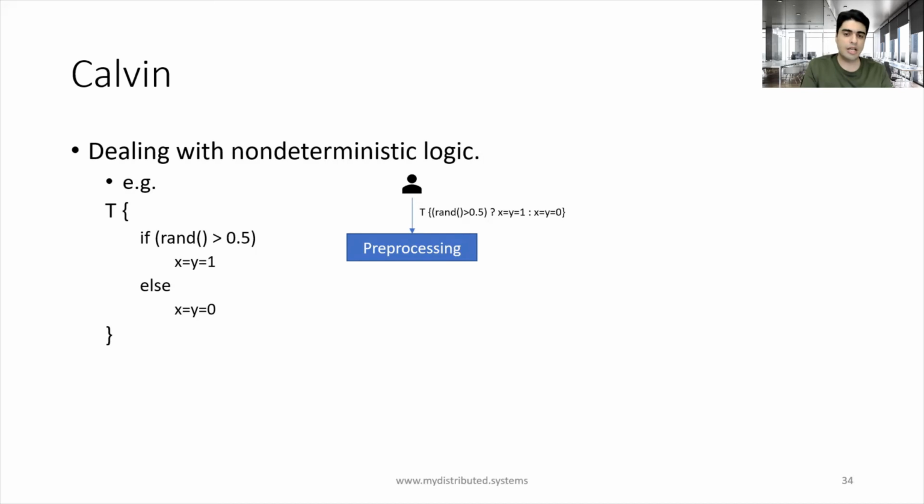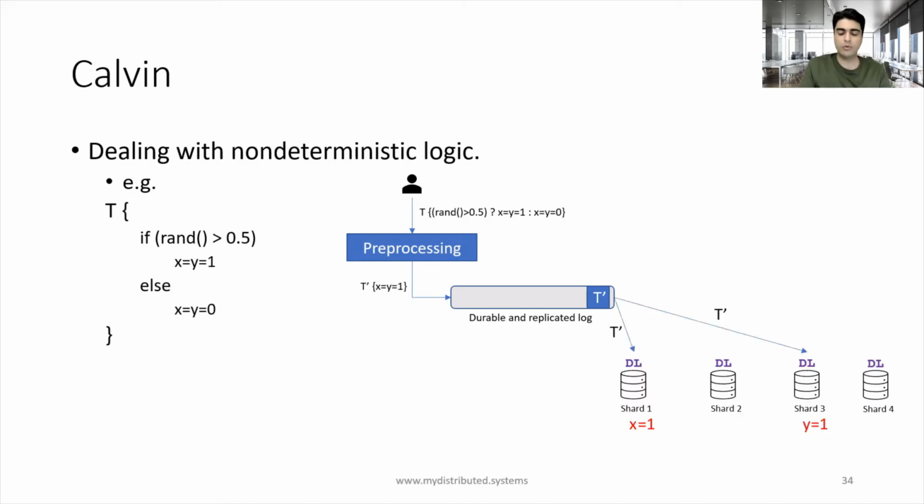So it transforms transaction T to one that doesn't generate a random value. The T prime transaction, which is a transformed transaction, simply sets the value of x and y to 1. Now both shards will set the value of x and y to 1.